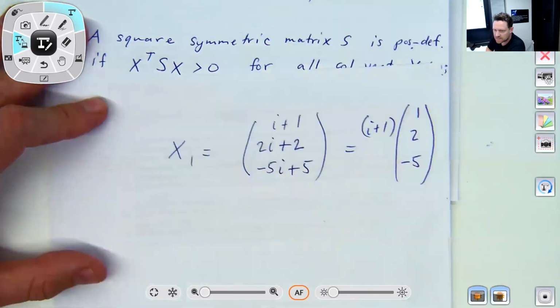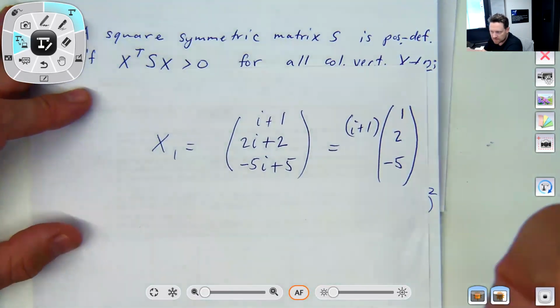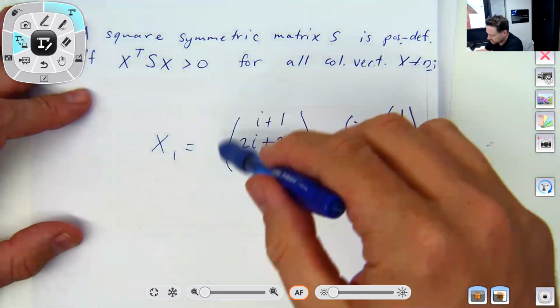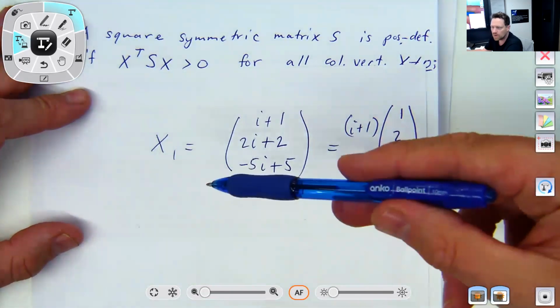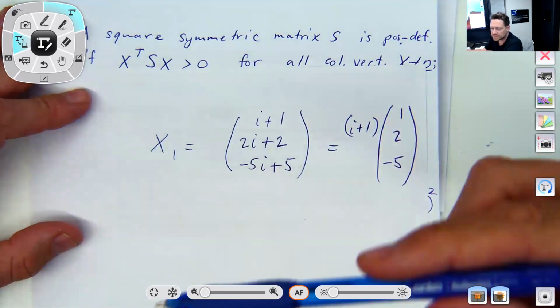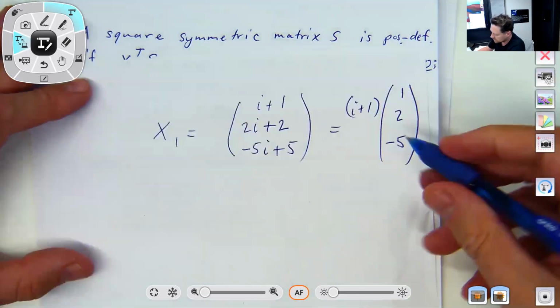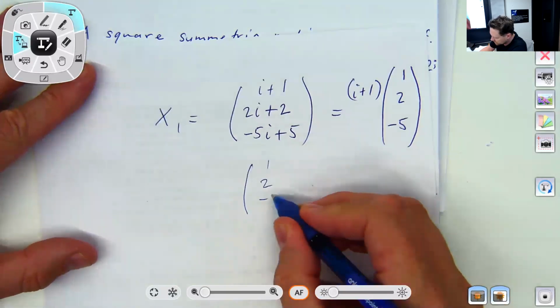All right, so basically the point is that an element of the null space is not unique, right? So I could have this in my null space of the matrix I was looking at, but when I represent the eigenvector, I want to represent it with the simplest one. So I want to factor it out and say that the eigenvector is 1, 2, minus 5.